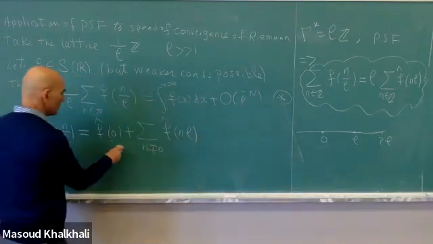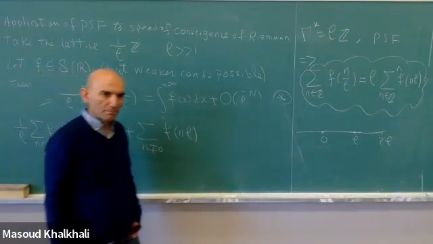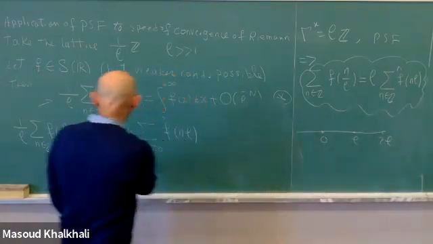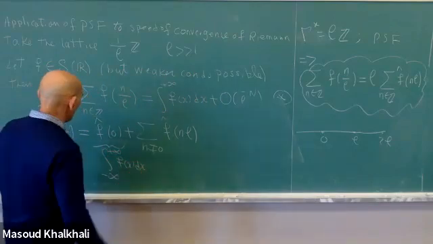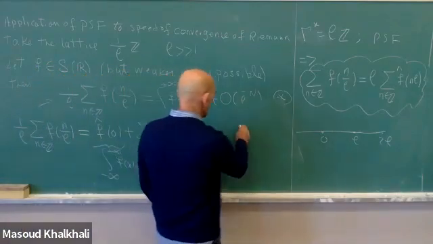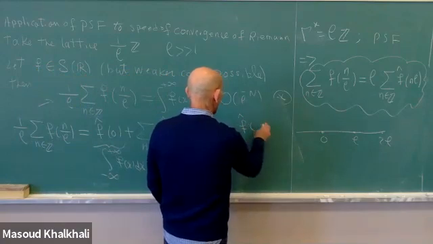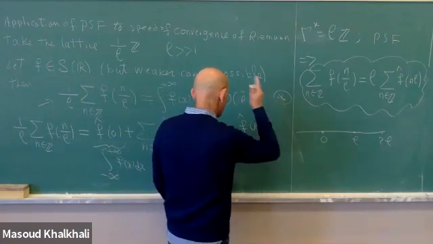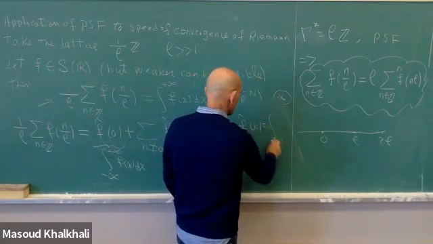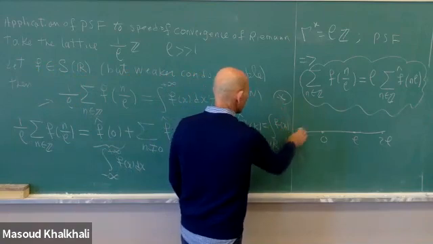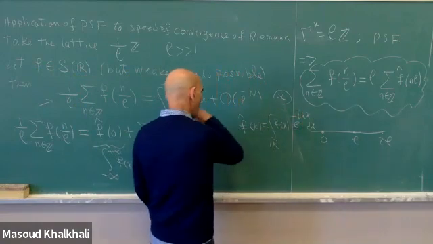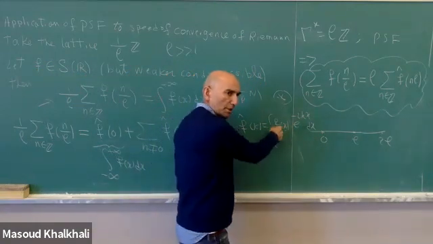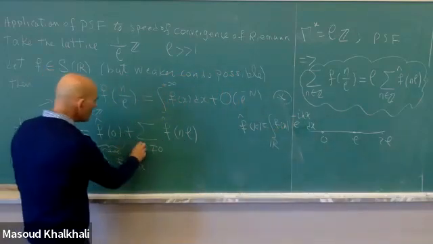Now, what is this term? That's the integral of f of x dx, because of the definition of the Fourier transform. The Fourier transform f hat of k, in momentum space, is the integral over R of f of x e to the minus i k x dx. In this case k is equal to 0, so this is the standard integral. Now, what about these other terms?